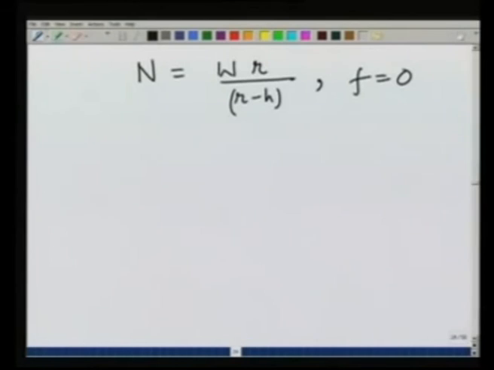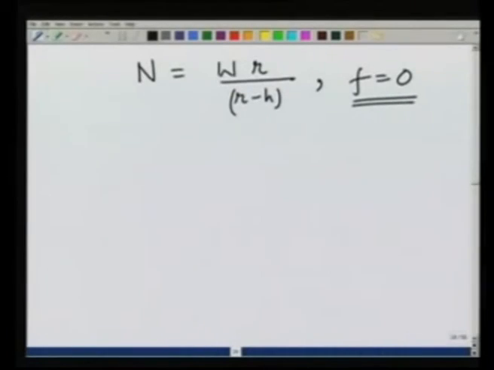So, this is a very special case where to take the roller over the step, you do not really need any frictional force on the edge.